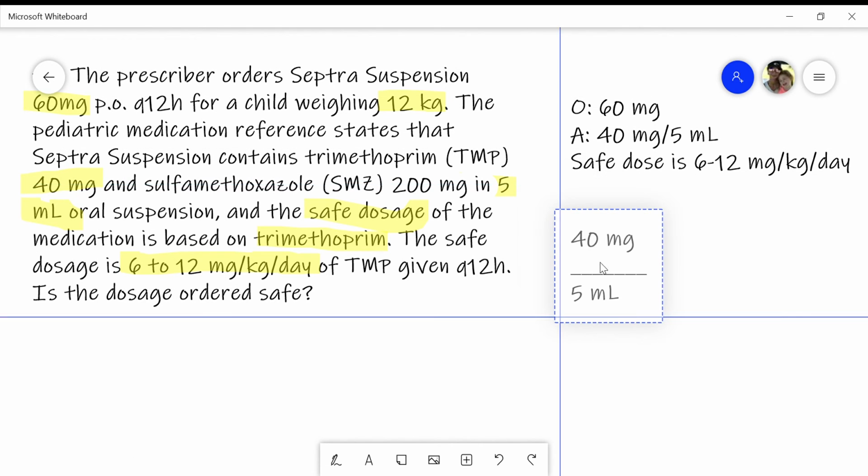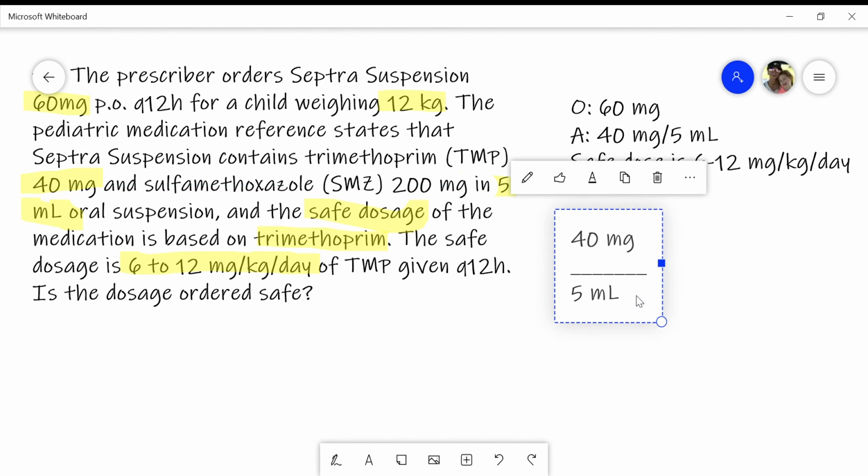Now, is this the step that you were talking about earlier about the conversion factor, where you line them up? Uh-huh.